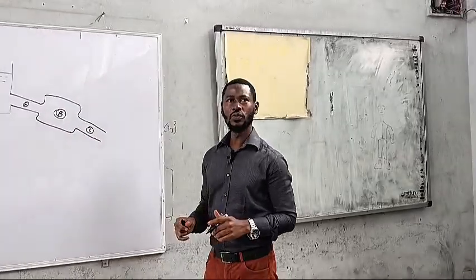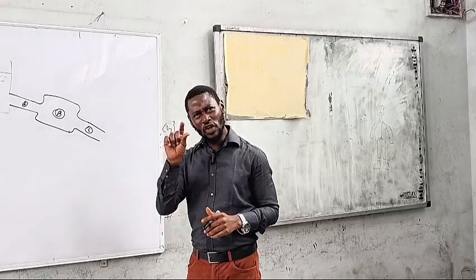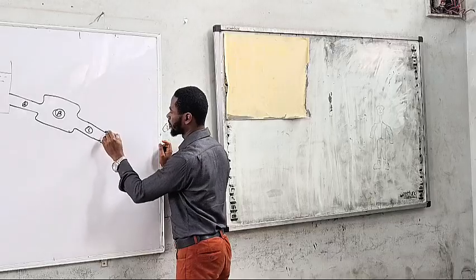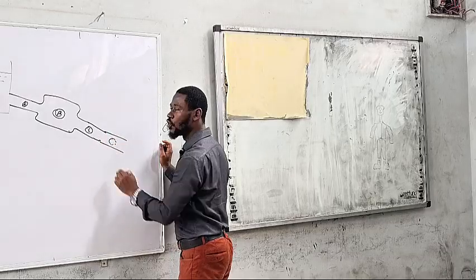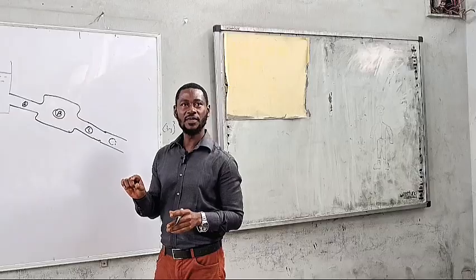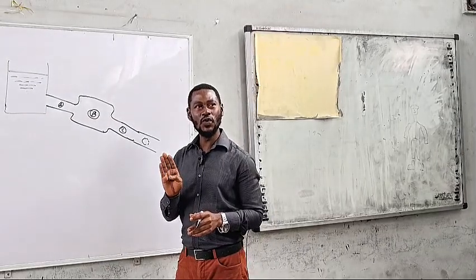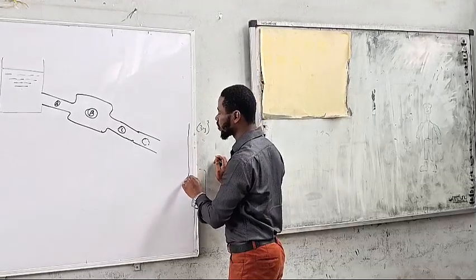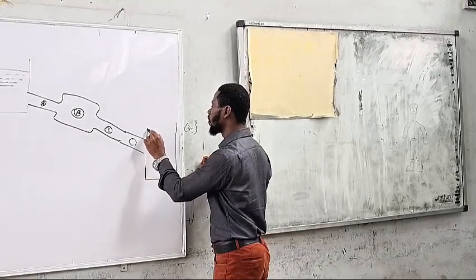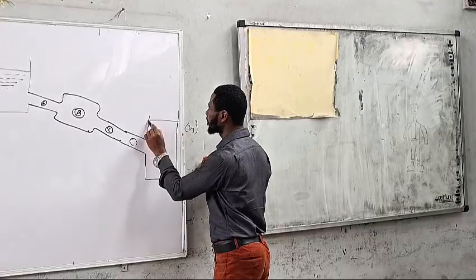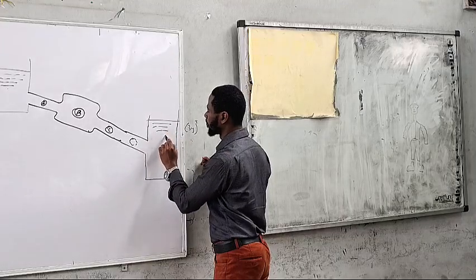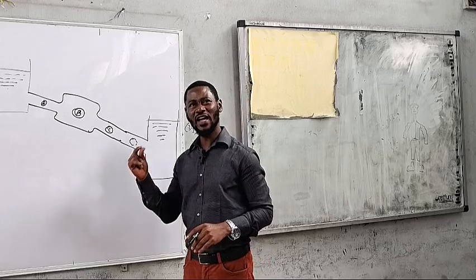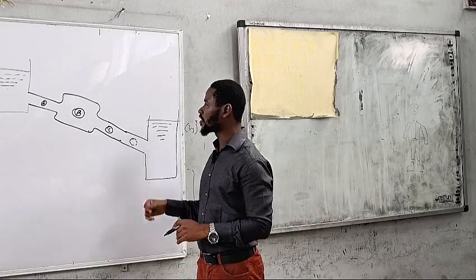At pipe C level, there is an obstruction that occurs at this point. There is a stone in the pipe that doesn't allow the water to flow the way it ought to flow. The water is then discharged into another reservoir. We want to look at some of the minor head losses that occur in this pipe.